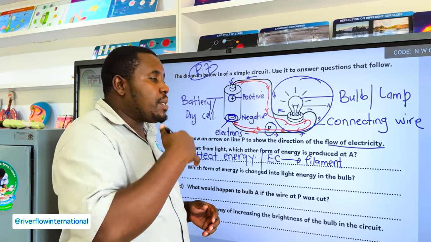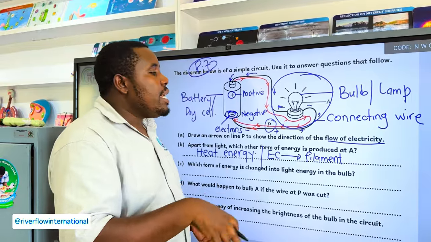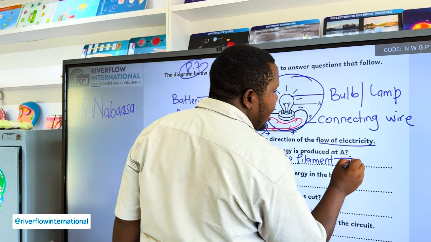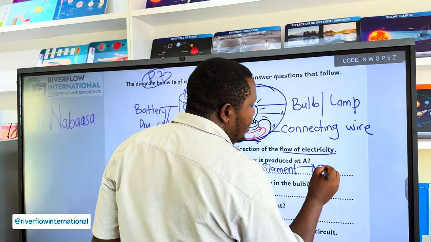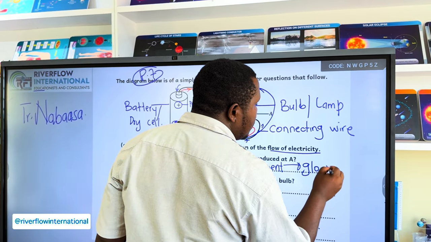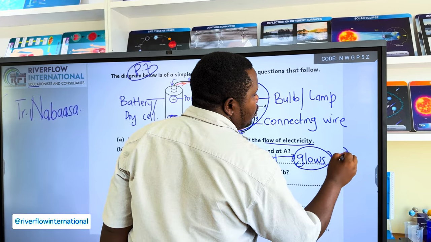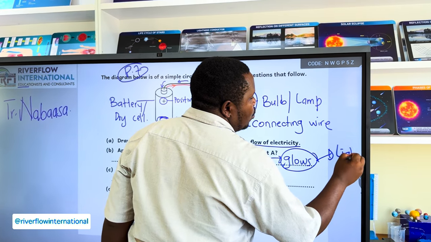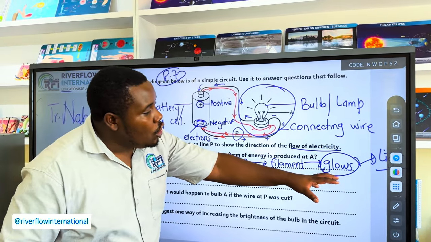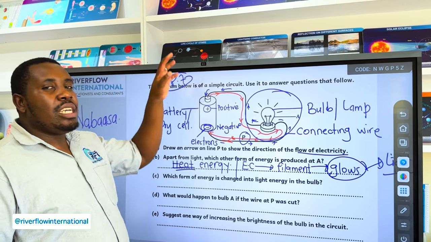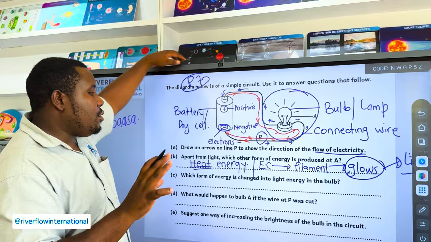So since it stops the electricity from continuing to flow, it heats up. And after heating up, which means heat energy is already formed, it later glows. And when it glows, it produces light. Which means heat energy is actually produced first before light energy.